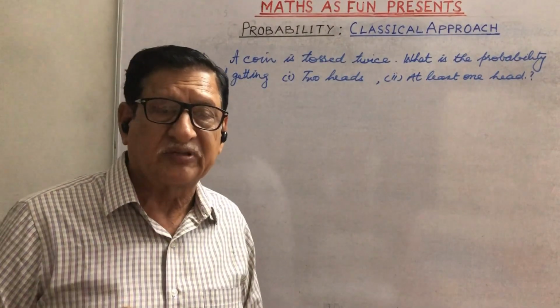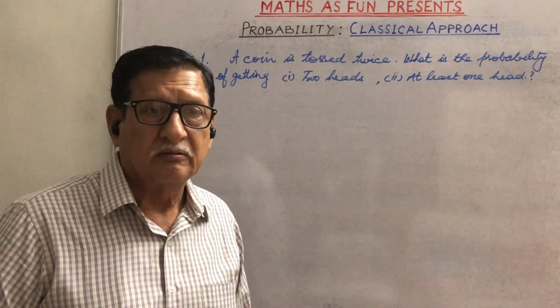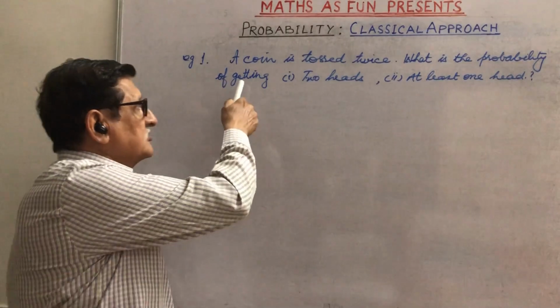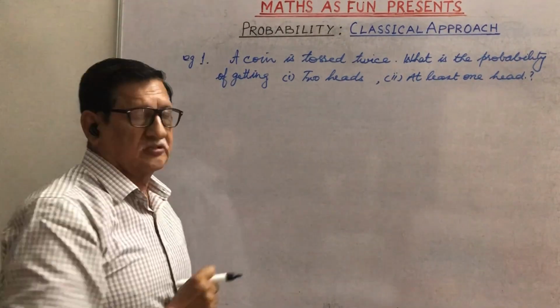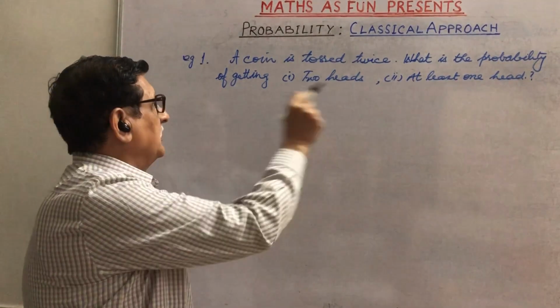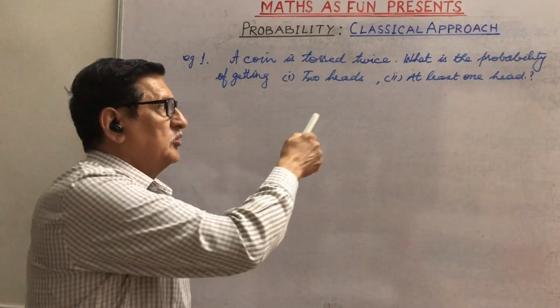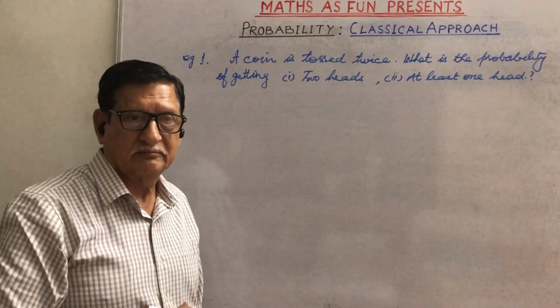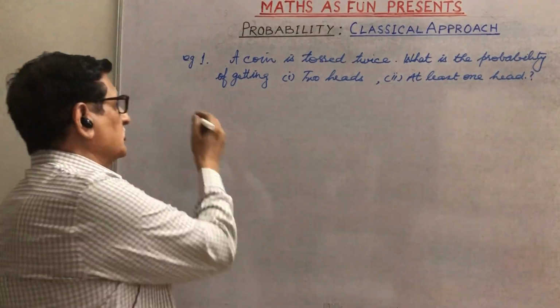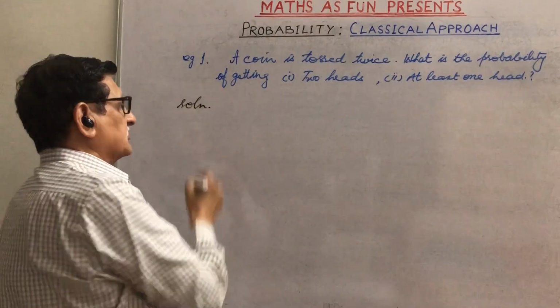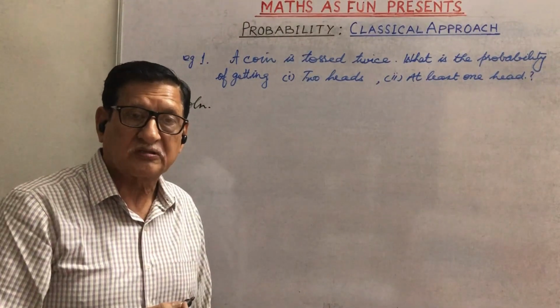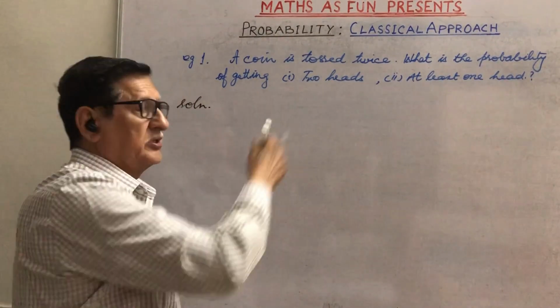Now we will discuss some examples based on that. The first one is: a coin is tossed twice. What is the probability of getting number one, 2 heads, and number two, at least 1 head? For the solution, first of all, we have to see the sample space when we toss a coin twice.